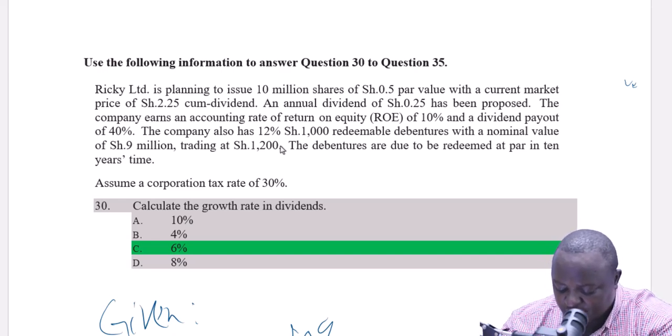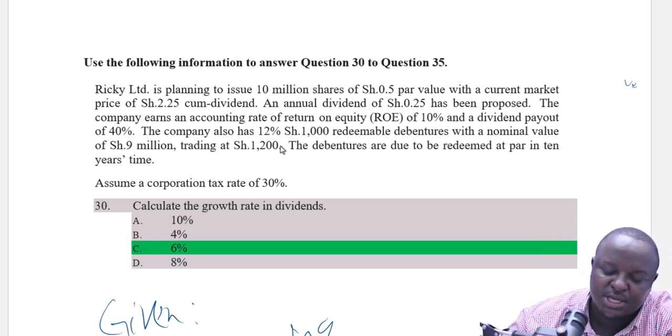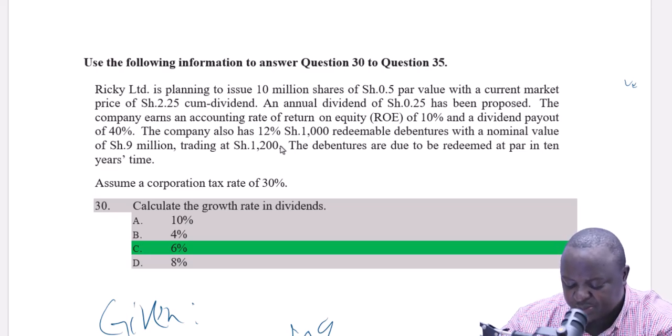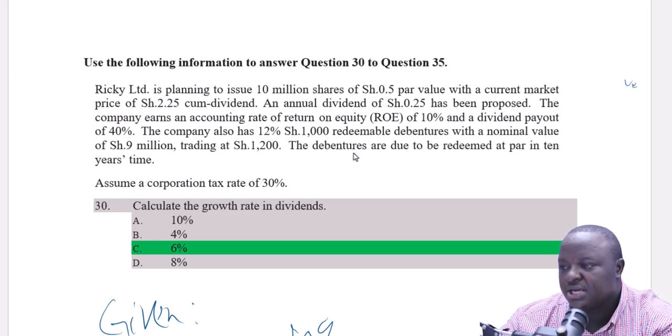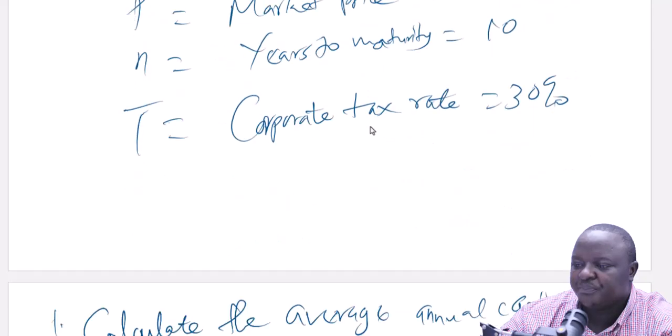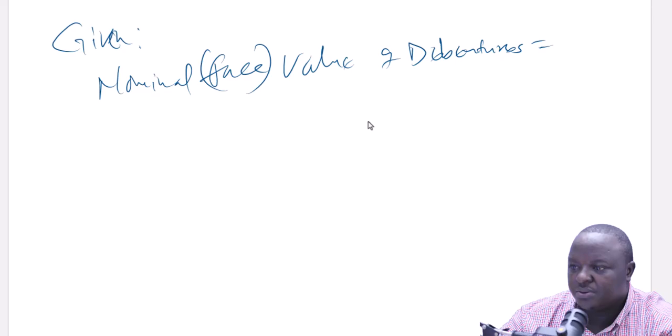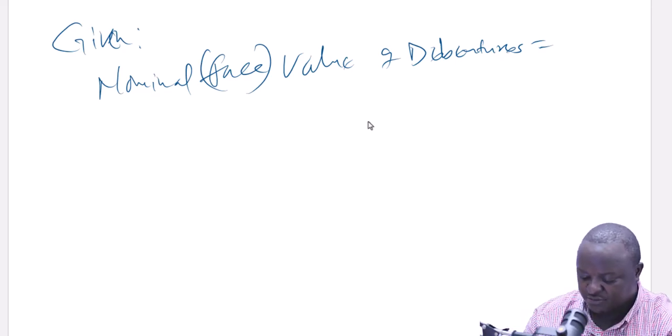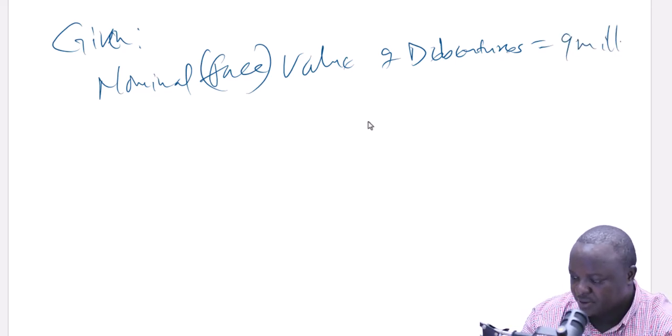So the face value of debentures is 9 million, and the market price per debenture is 1,200 shillings, and the face value per debenture is 1,000. So we have that information.